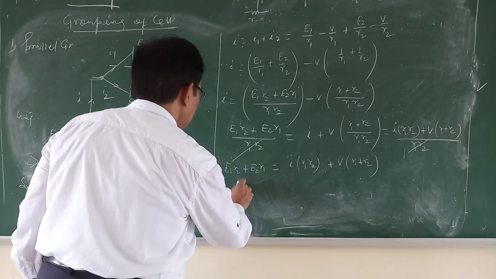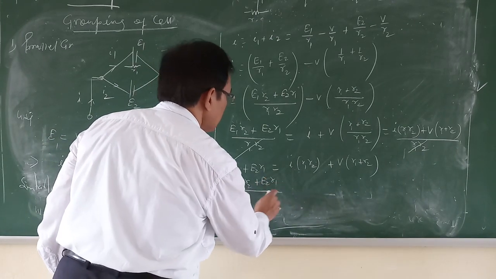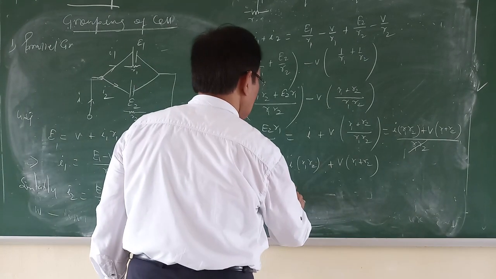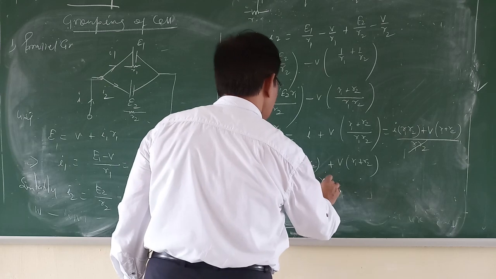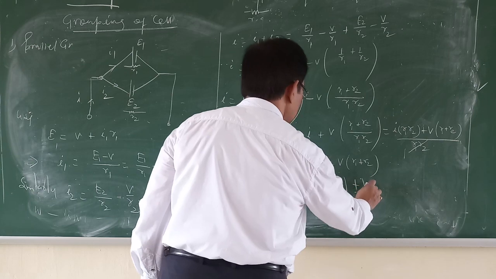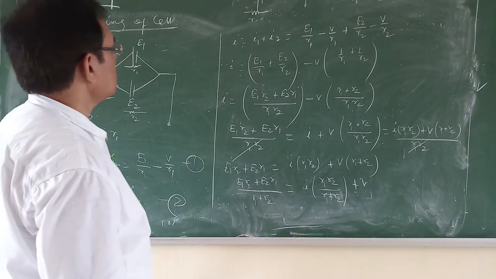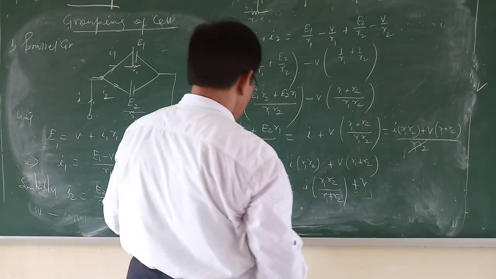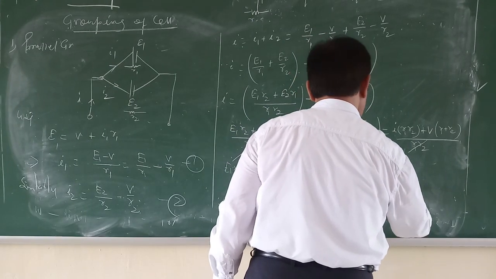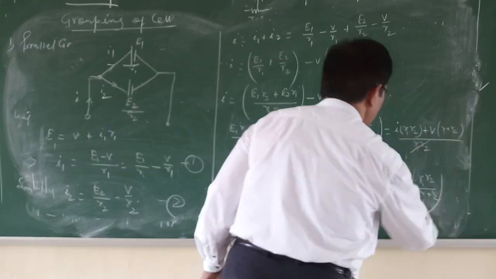Or you can write (E1 R2 + E2 R1)/(R1 + R2) equal to I R1 R2/(R1 + R2) + V. So now just to compare this equation, or this is equal to V + I R1 R2/(R1 + R2).